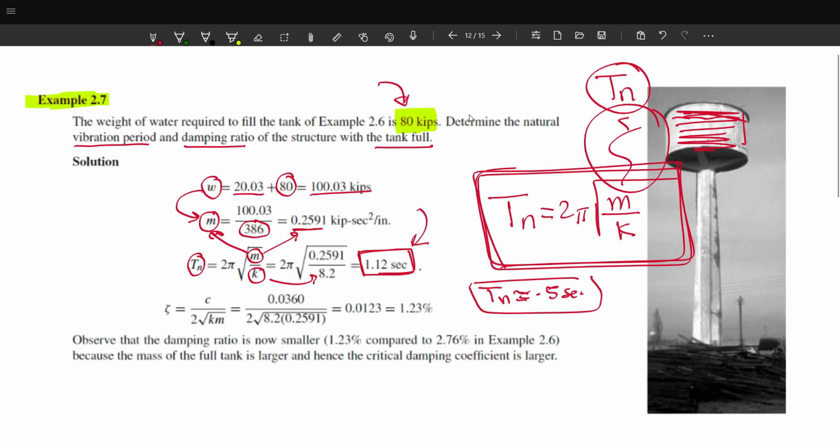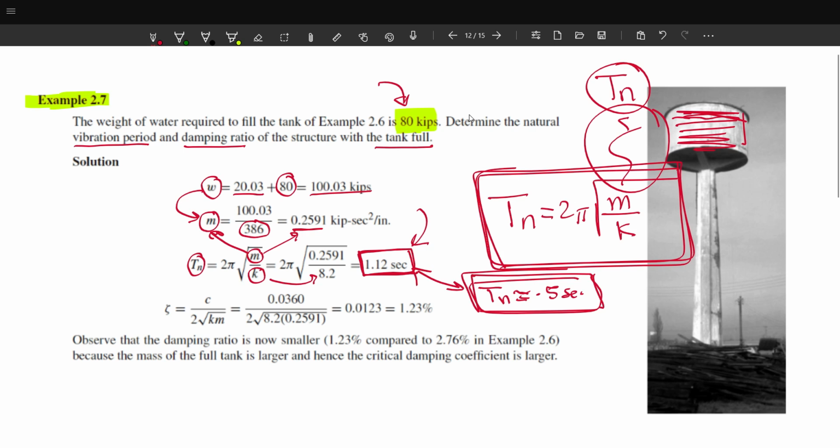In case the tank is full, its natural period is higher than the case the tank is empty, okay? And the value is almost double. This means that the system or this tank is going to take a larger time if it's full in order to make one cycle.